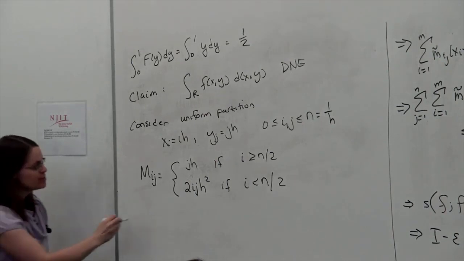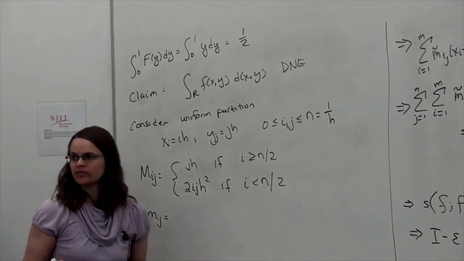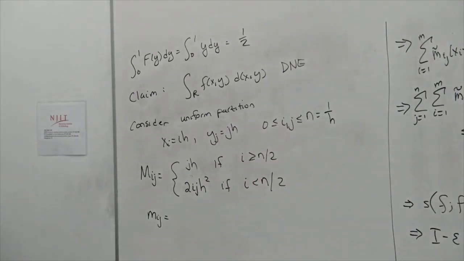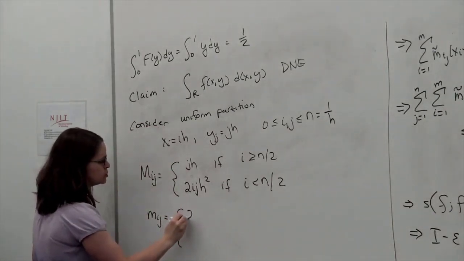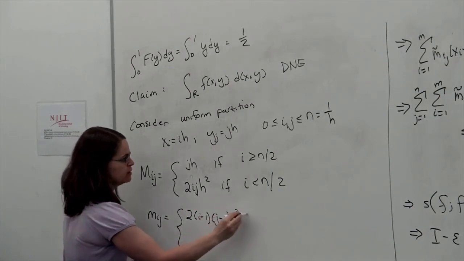All right, and we do the same thing with the little m. But now we're trying to make things as small as possible. We'll grab these things at the left endpoint. I guess if x is less than 1/2, now it's this guy who's going to be as small as possible that we grab at the left endpoint: 2i minus 1, j minus 1, h squared.